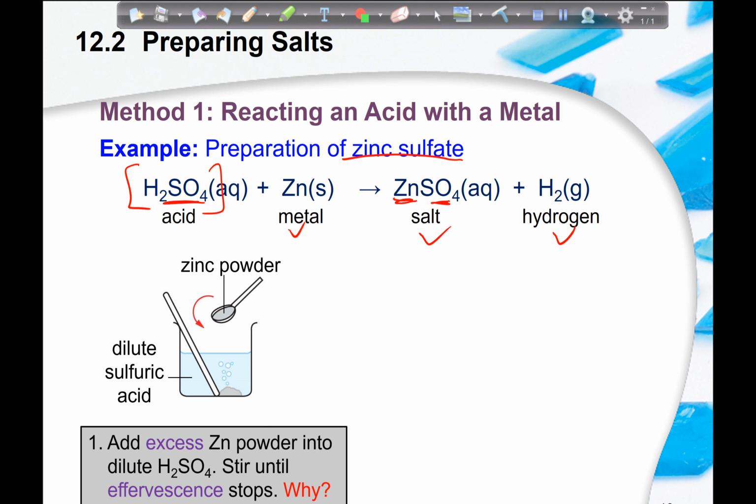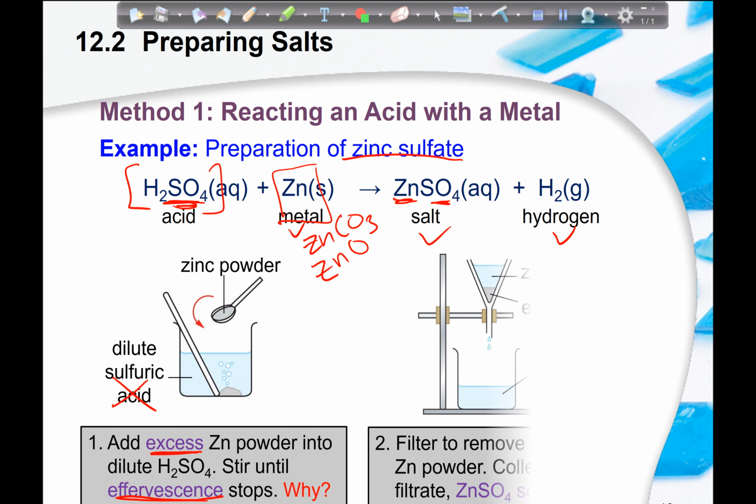The acid will consist of the anions, the negative ions, and the metal or the metal carbonate, in this case zinc carbonate or zinc oxide, will consist of the positive ion. First I will add the insoluble solid in excess to dilute sulfuric acid, until the effervescence stops. Why? This is to ensure that all the acid has been used up.